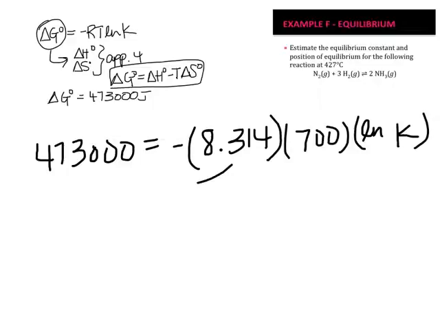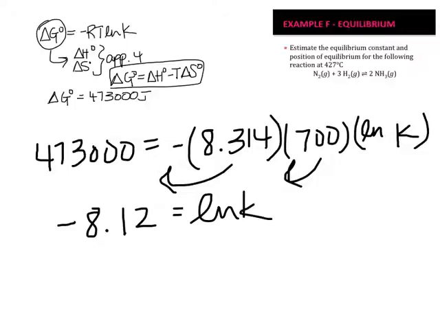So if I move everything over, divide by 8.314, divide by negative 700, you should get negative 8.12 is equal to the natural log of K. So in your calculator, get the inverse natural log of both sides, and you should get that K is equal to e to the negative 8.12, which is 2.95 times 10 to the negative 4.